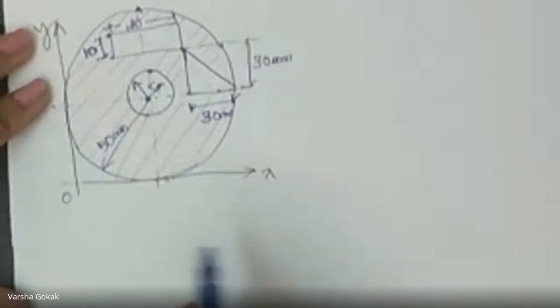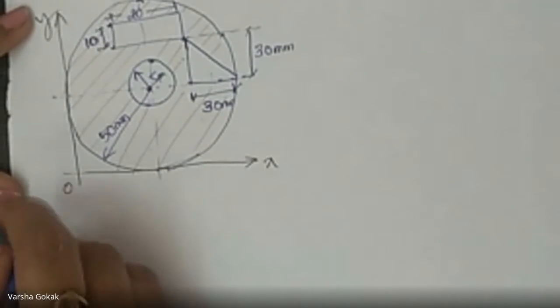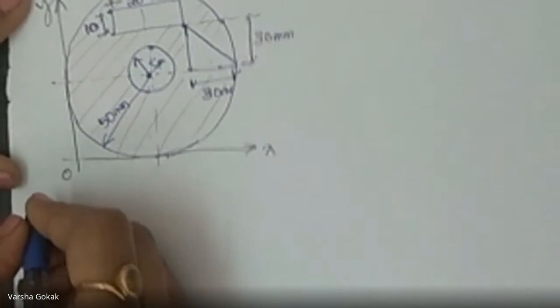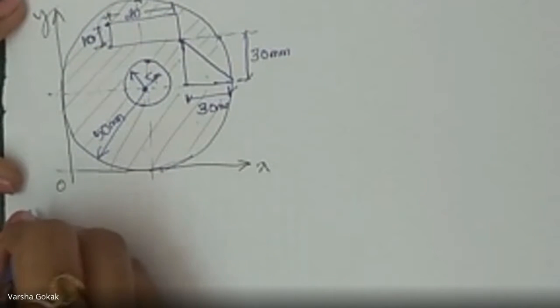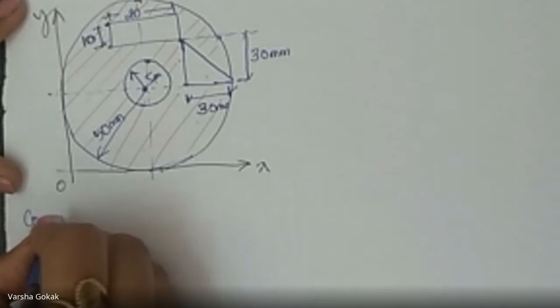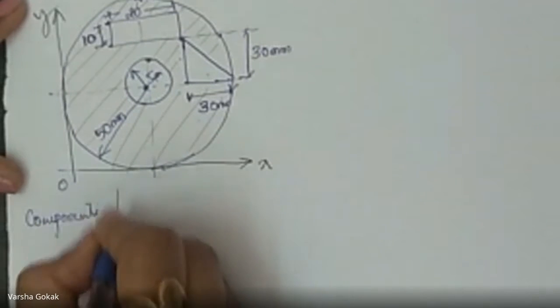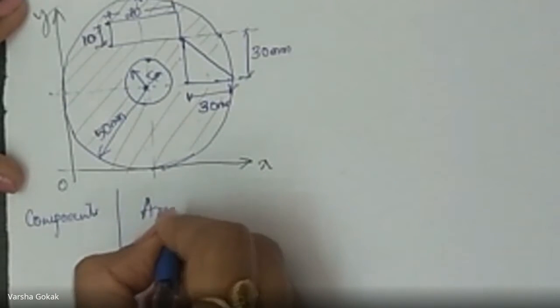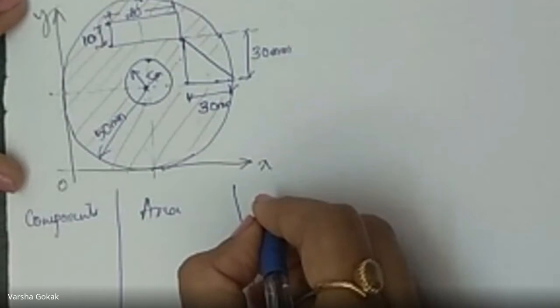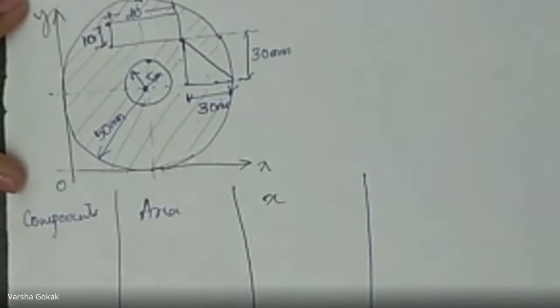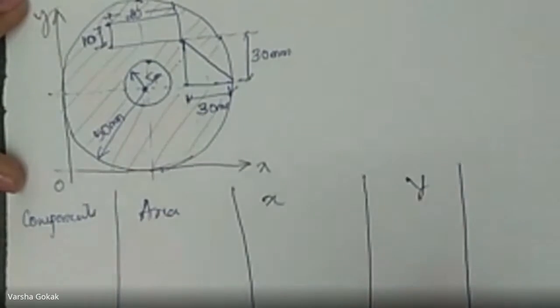So let us write down the details. I want the diagram to be visible, but fine, let's see. So first, I'll write the components, okay? And then we write the area, and then we write the x and the y.